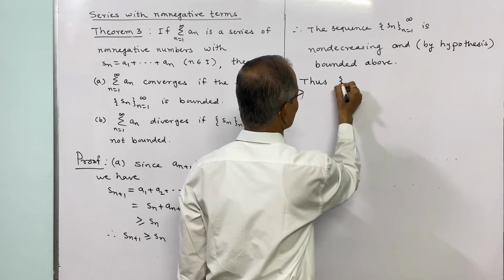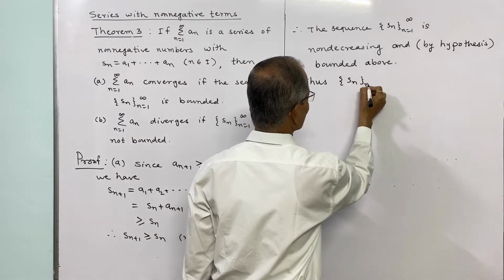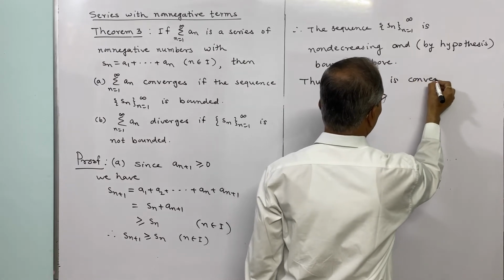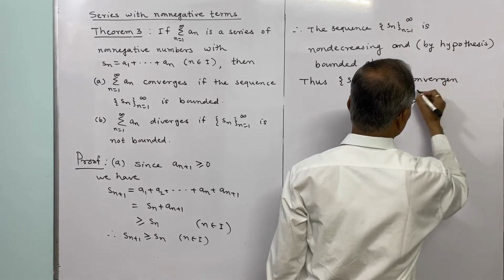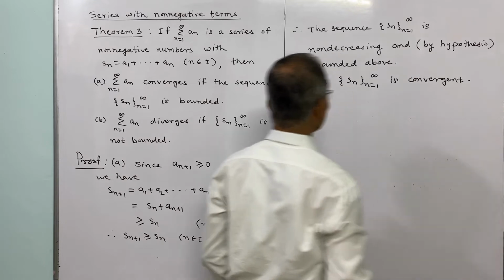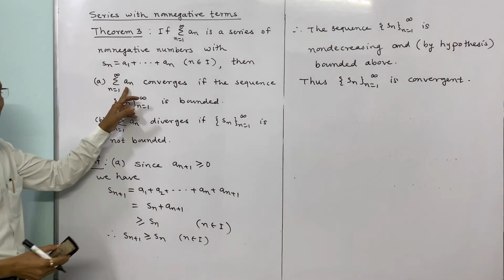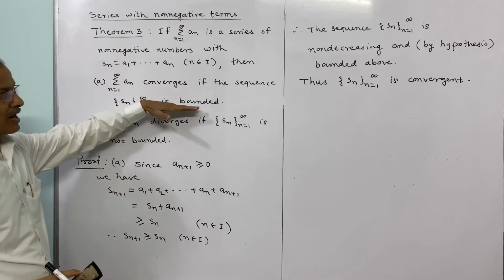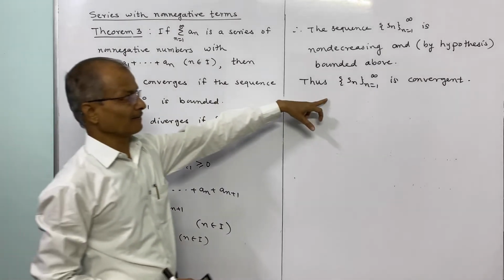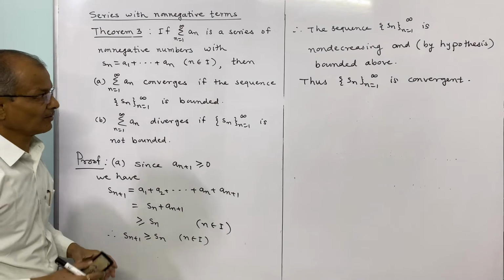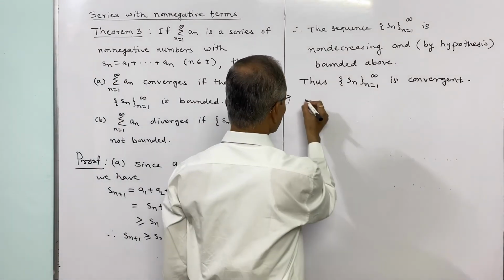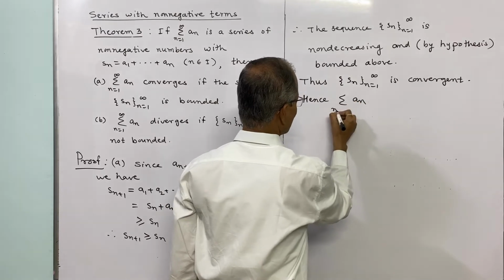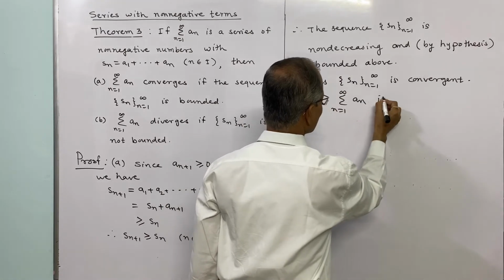Thus Sn is convergent, and if Sn is convergent, then the series becomes convergent. That depends on the convergence of Sn. So bounded implies convergent here because it is non-decreasing and bounded above. Thus Sn is convergent, and hence the series sigma an, as n takes value 1 to infinity, is convergent.